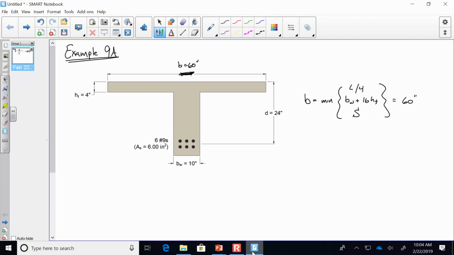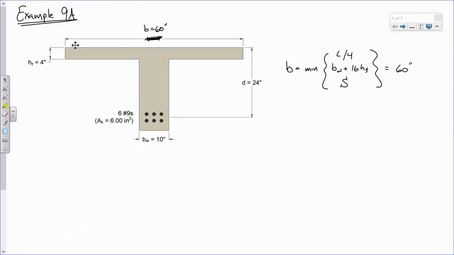Now, I'm not going to approach this problem any differently than any of the other capacity problems that we've had since the class began. So, let me sort of show you what I mean by that.